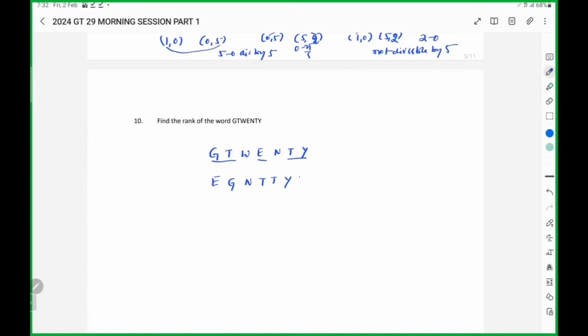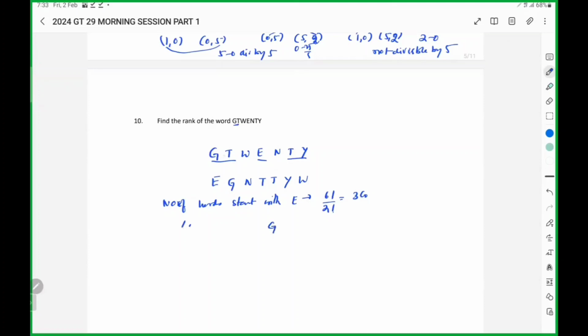Anything I missed? W. So the number of words that start with E, obviously before G, is 6 factorial by 2, that is 360.